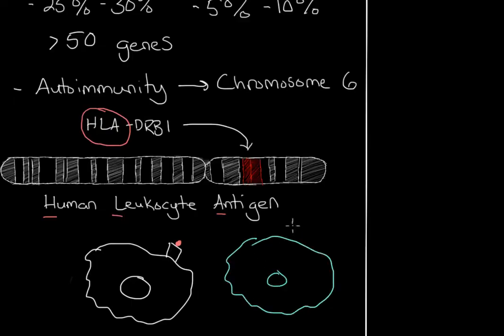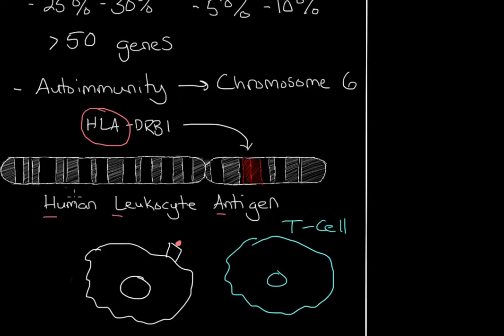So maybe we have a T cell over here. The T cell is going to look at this peptide that's being presented by the original cell, and it's going to say, okay, this doesn't belong here, so we need to begin an attack and defend the body. So really, this entire gene is important for allowing the immune system to determine what is part of the body and what isn't part of the body.